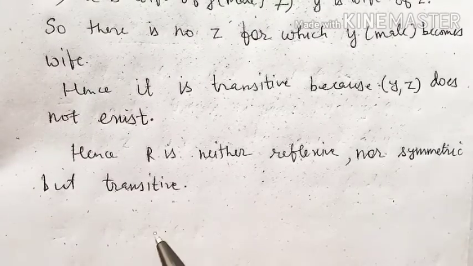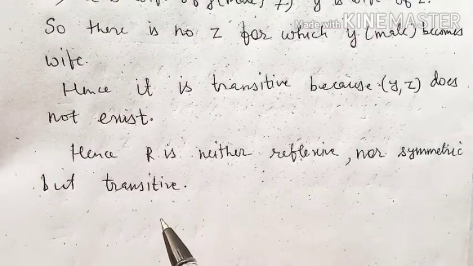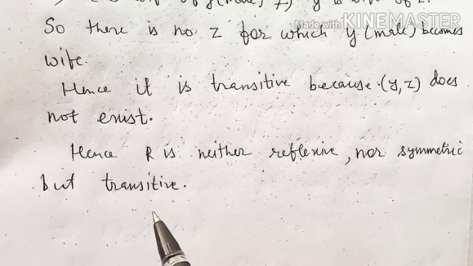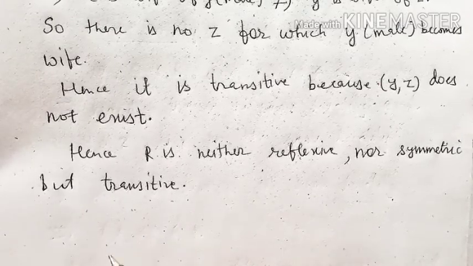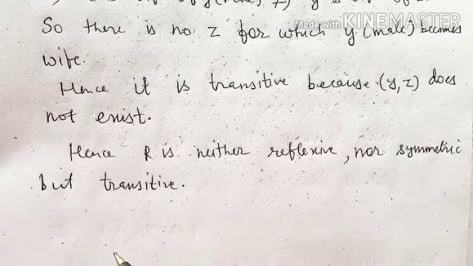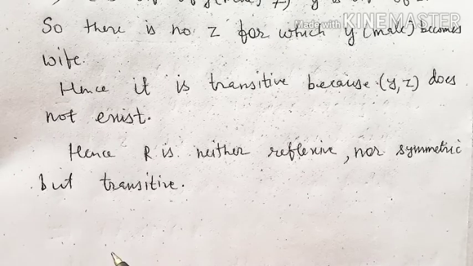Here it is worth mentioning that if an ordered pair exists in R, suppose (X, Y) belongs to R and (Y, Z) does not exist in R, then this relation is transitive.